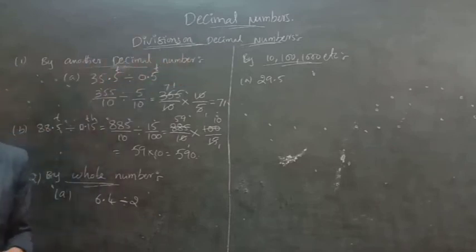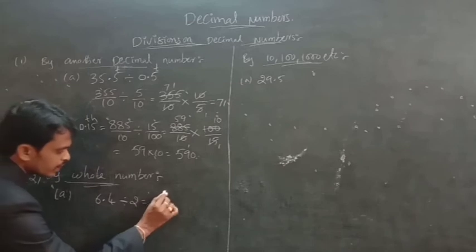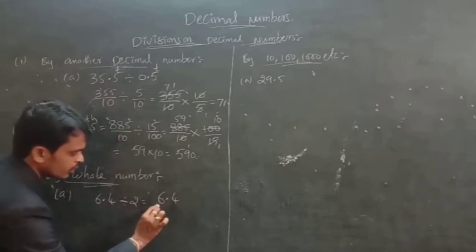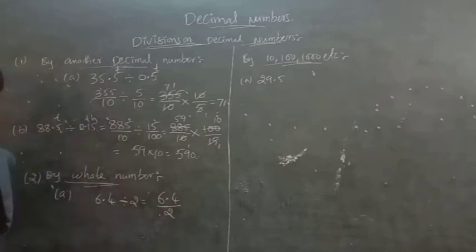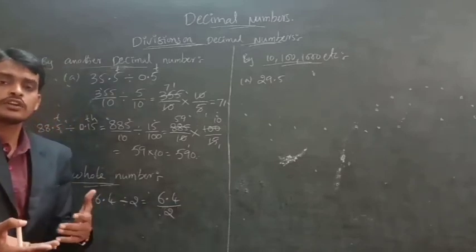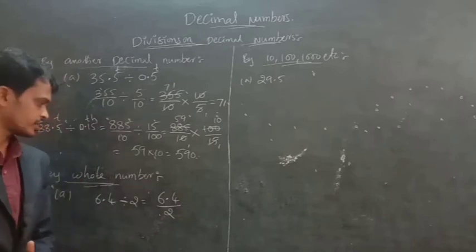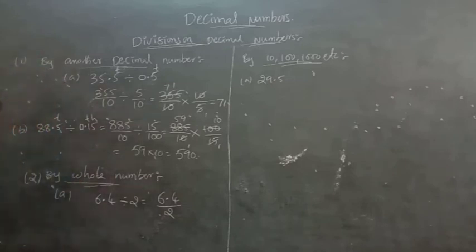Now we are dividing a decimal by a whole number. So here we write 6.4 by 2. First we should divide by the whole number by ignoring the point. By ignoring the point, 2 is dividing 64. 2 threes are 6, 0.